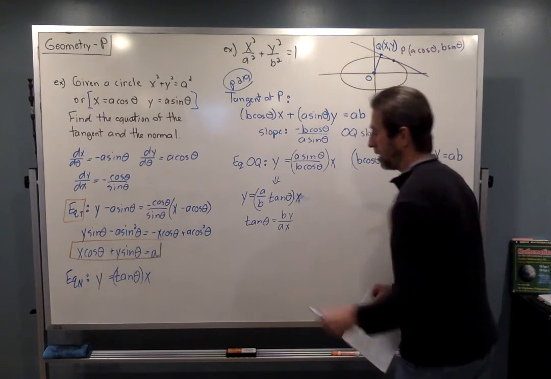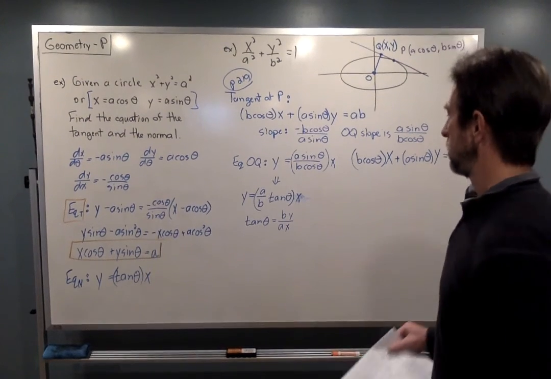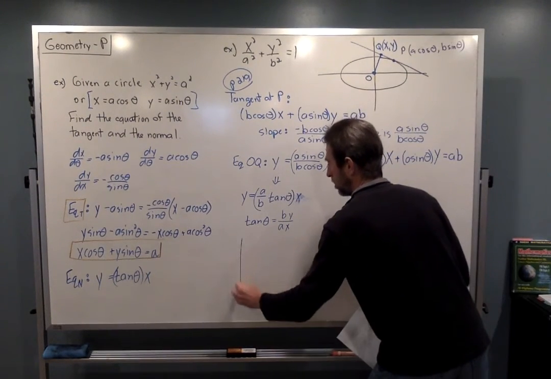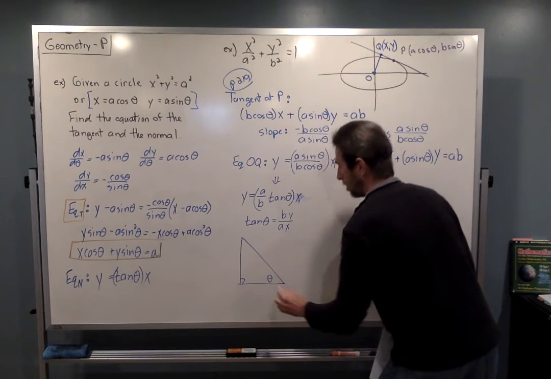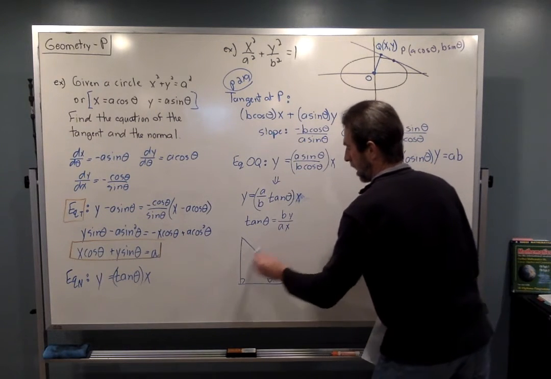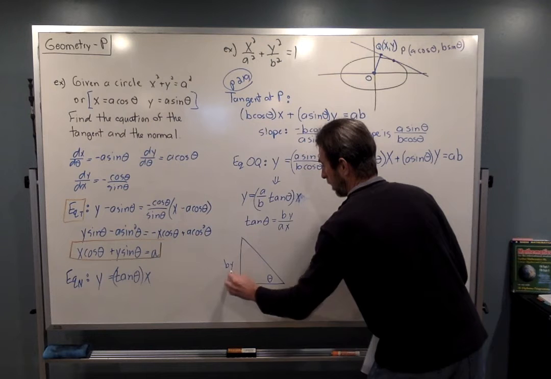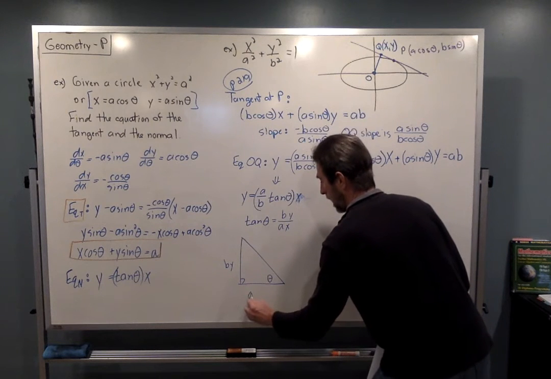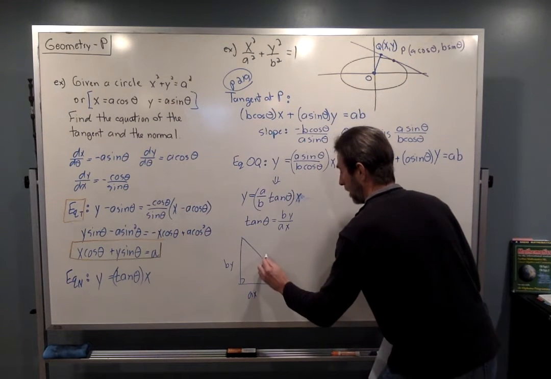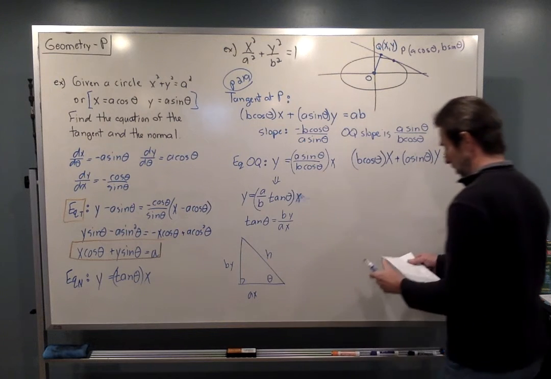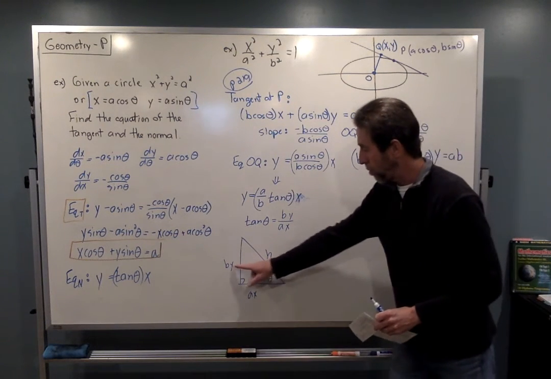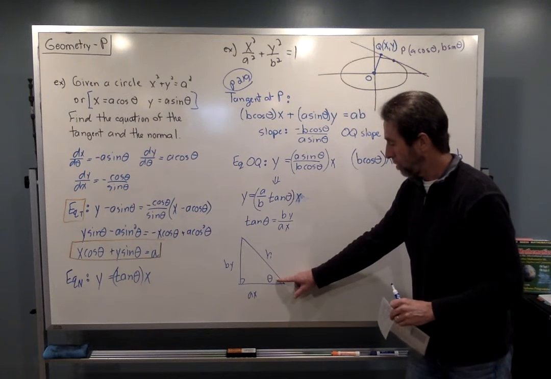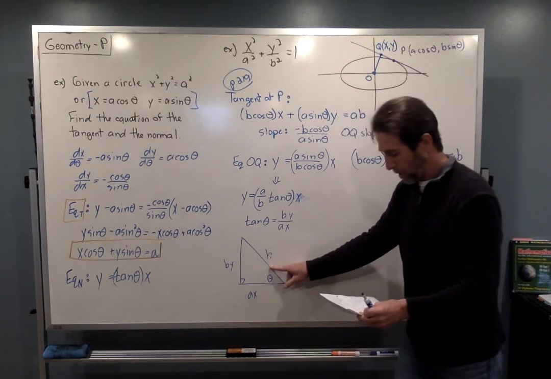Well, we know then that we can sketch a triangle to fit this information. So if that's theta, the opposite is by. This is going to be ax. Of course, this is the hypotenuse. So from that, we now know that the sine of theta is going to be by over h, and the cosine of theta will be ax over h.